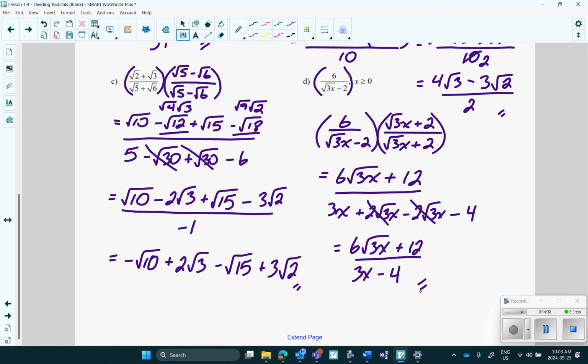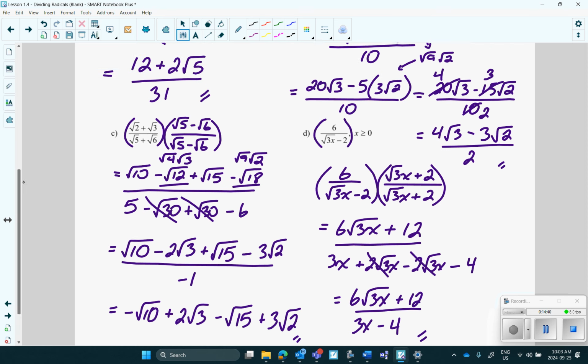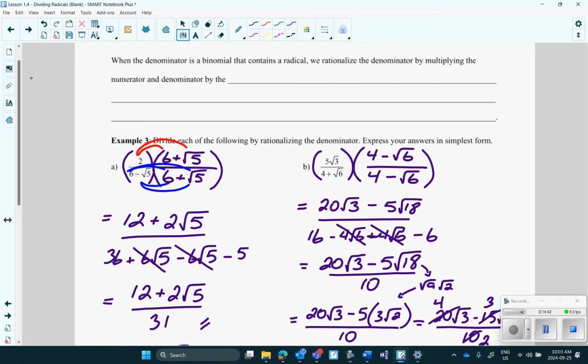So just to wrap this up, when the denominator is a binomial that contains a radical, we rationalize the denominator by multiplying the numerator and denominator by the conjugate of the denominator.